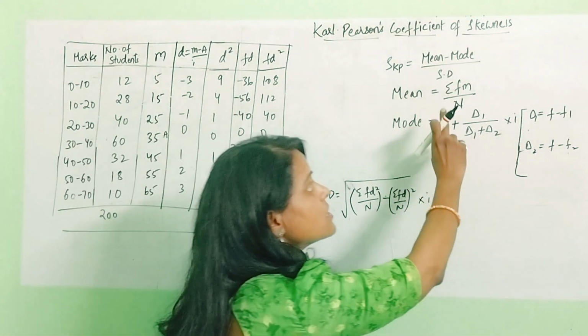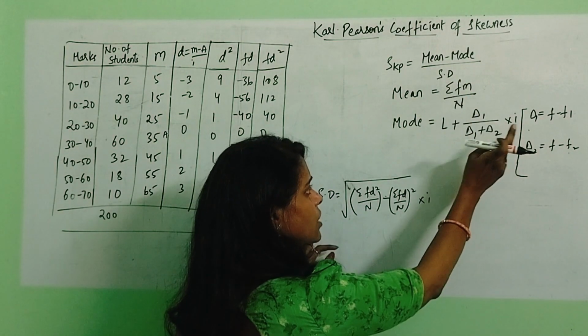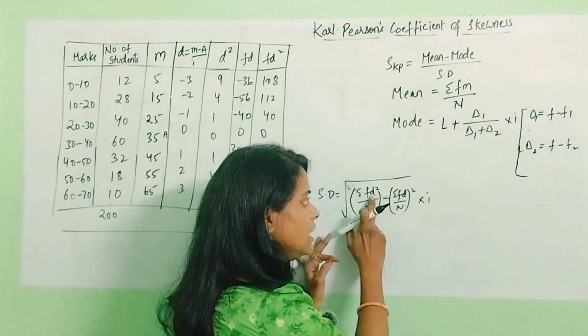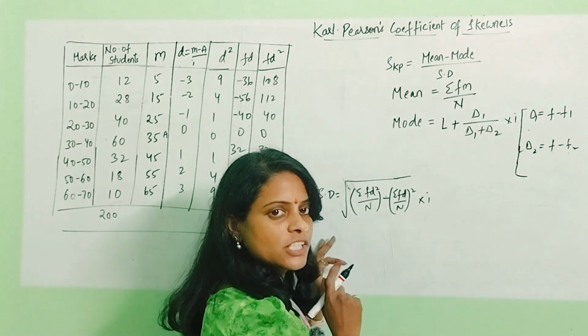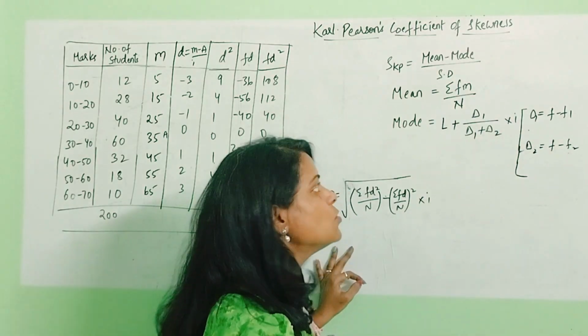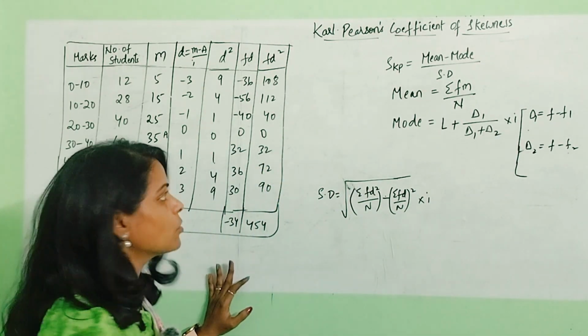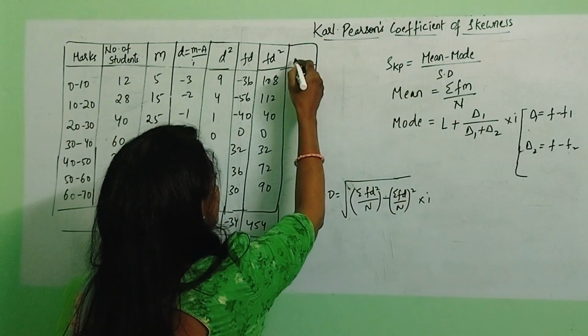Then we need to find d, then fd, then fd square. And one more thing we have to find out, that is the fm value for your mean, so one more column at the last for fm.